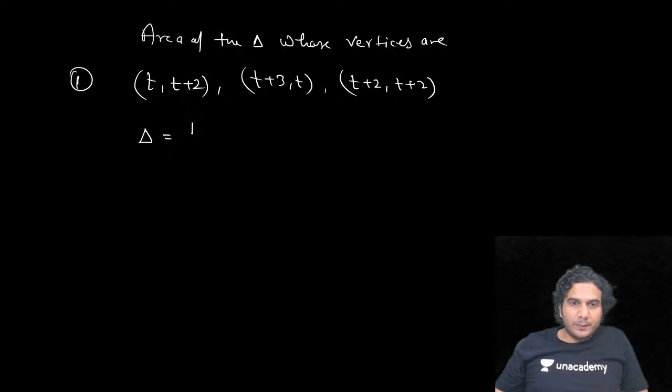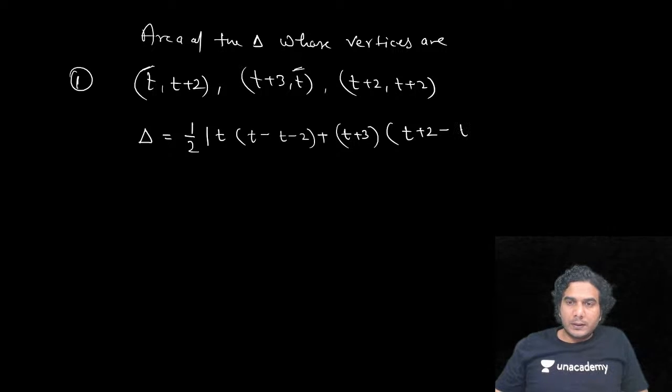Okay, so area is 1 by 2 t into x1 into y2 minus y3, so it is t minus 2, plus x2, that is t plus 3 into t plus 2 minus t plus 2, so that is t minus 2, and the next is plus t plus 2 into x3 into y2 minus y1, so t plus 2 minus t.